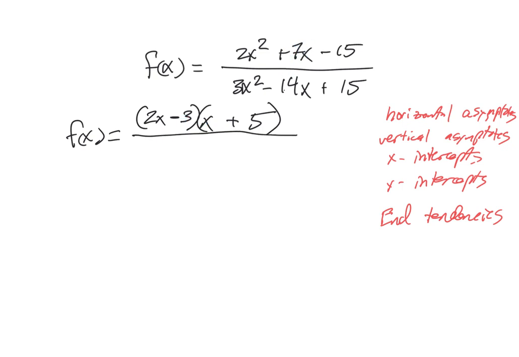In the denominator, I'm going to have 3x in one of them, x in the other one. Here again, multiplying to positive 15, adding to negative, one's positive, one's negative. Let's see, 15 and 1, that's not going to help me much. 5 and 3, that's not going to help me much.